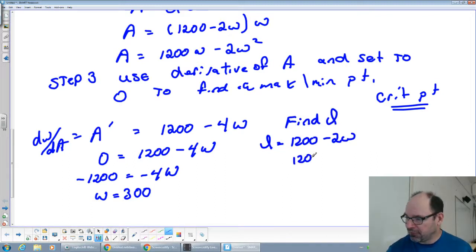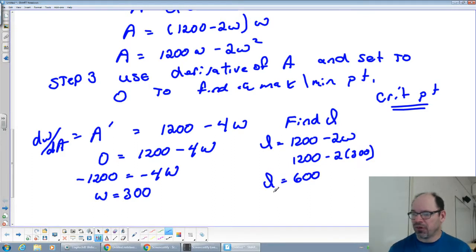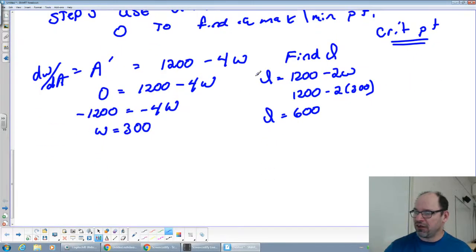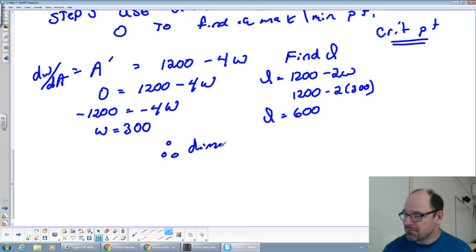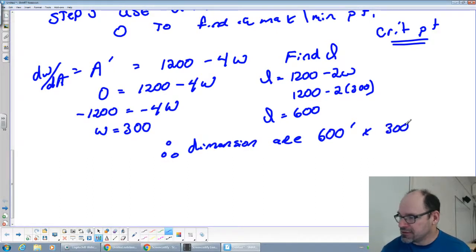So 1200 minus 2 times 300 gives us 600 for L. So the dimensions of our pen are a length of 600 feet and a width of 300 feet, 600 feet by 300 feet.